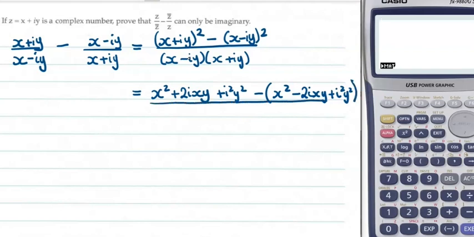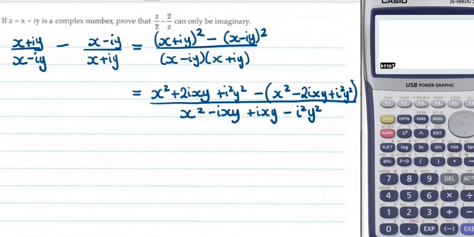And on the bottom, we've got x squared minus ixy plus ixy minus i squared y squared.